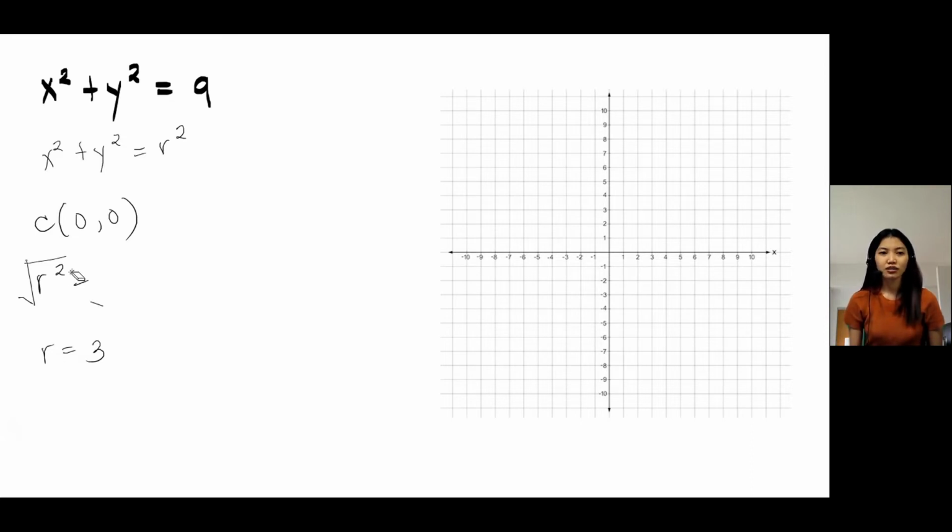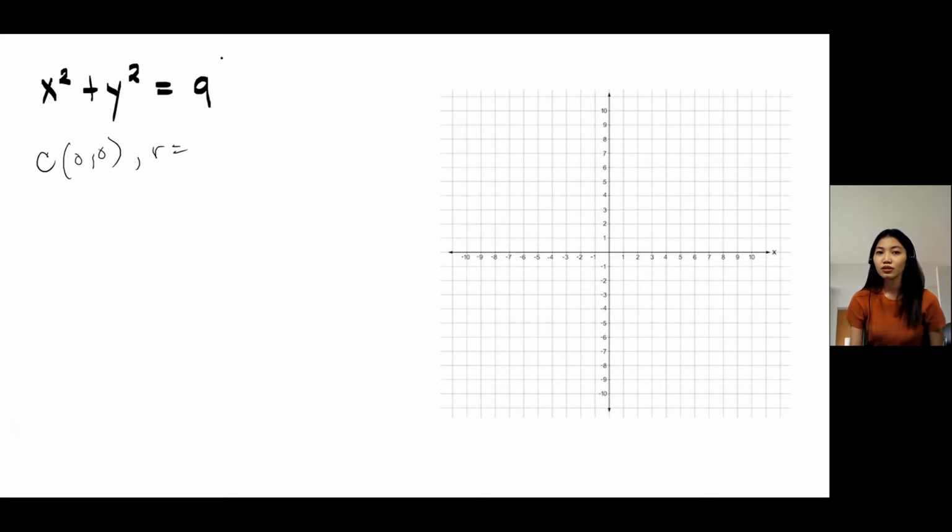Okay, another example. Again, the center for this one is 0, 0 and the radius is equal to, just simply get the square root of 9 and that is 3. Another example, x squared plus y squared is equal to 81. Okay, so what will be the center?